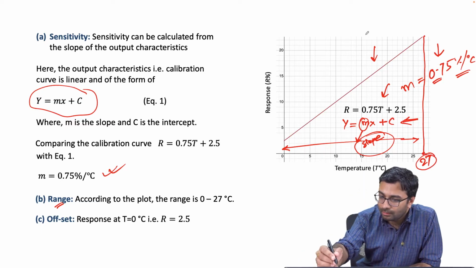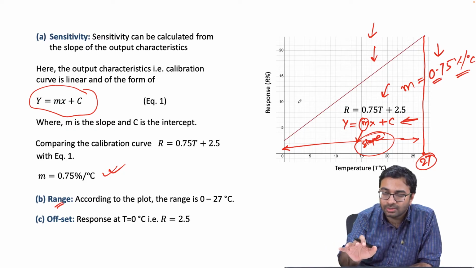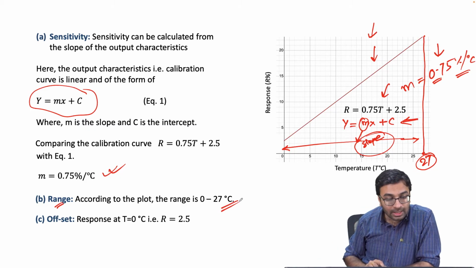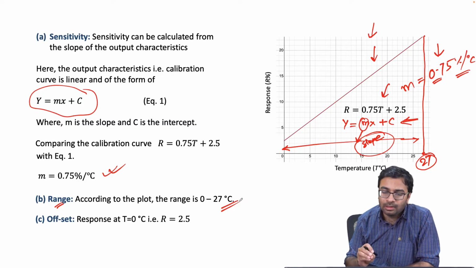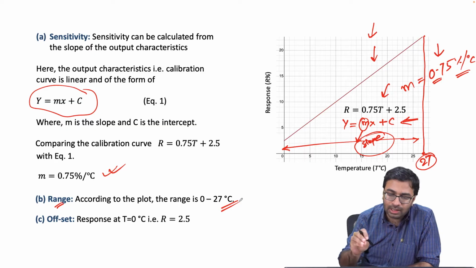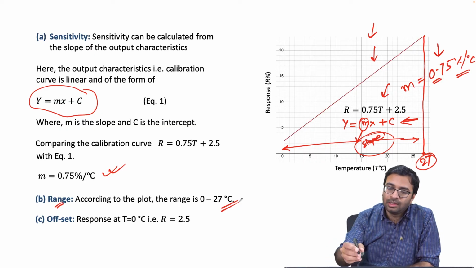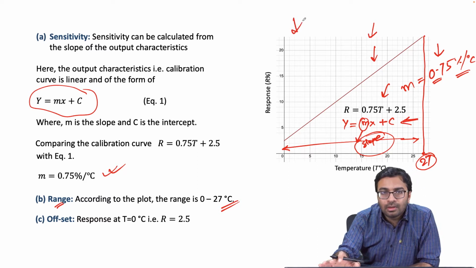So from the plot, it is understandable that the operating range of this sensor is 0 to 27 degrees centigrade. Until and unless it is explicitly mentioned somewhere that the range of the temperature sensor is something different, you can measure the range from the given calibration curve plot.